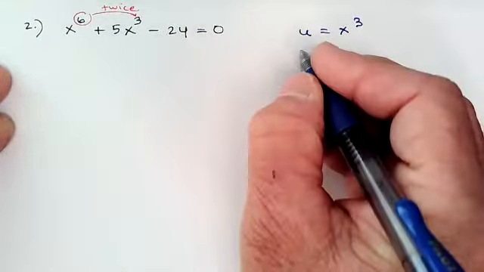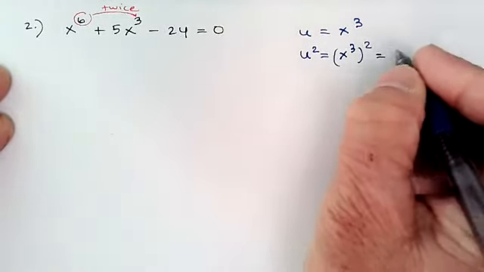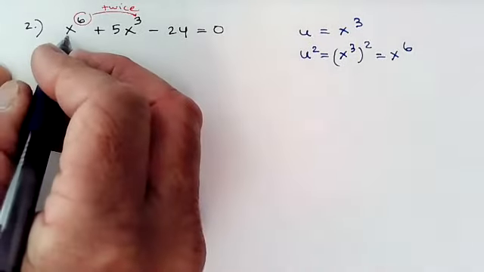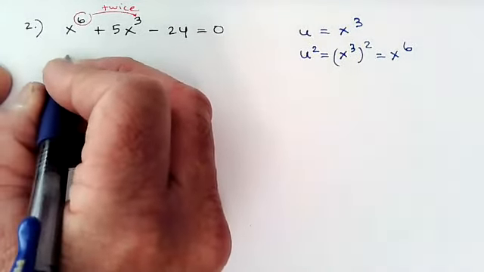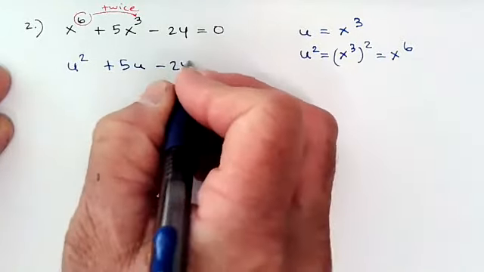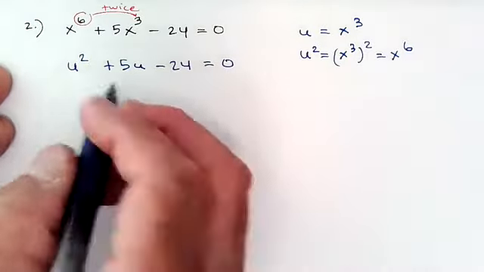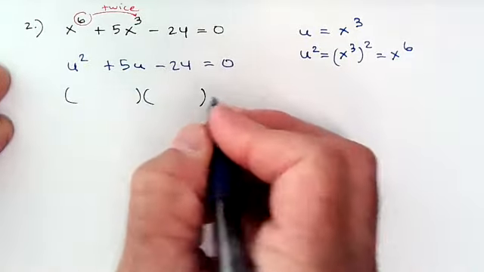And then u squared would be x to the 3rd squared, which is x to the 6th. So in terms of u's, this equation is now u squared plus 5u minus 24 equals 0. Factor it.